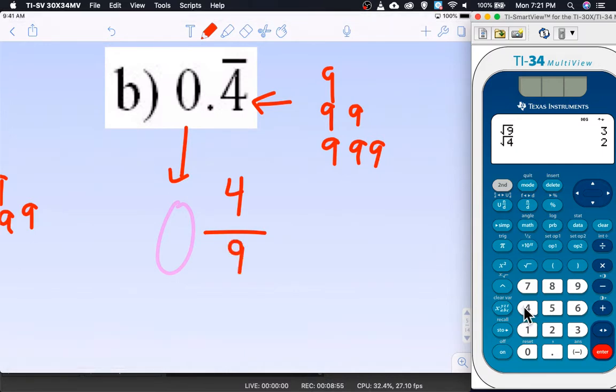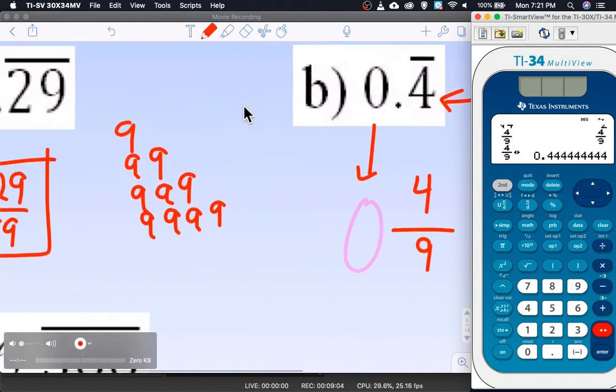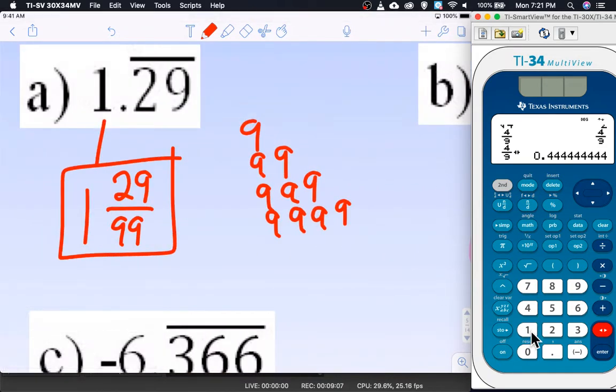And if you check it on your calculator, 4 over 9, and if I convert it, 0.444444, just like that. If I go back to the other one, and I put in 1 and 29 over 99, there we go.